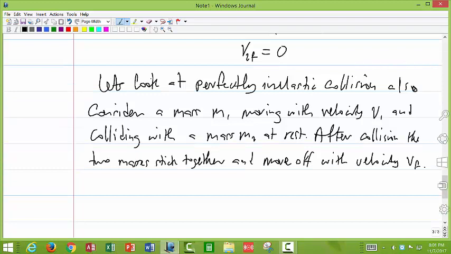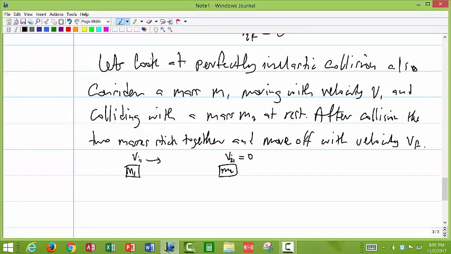So we can draw this example again. This is m1, this is m2, v2 initial equals 0, v1 initial is the velocity moving. So this is before interaction, and then after the interaction, the two stick together and they move off with velocity v final.